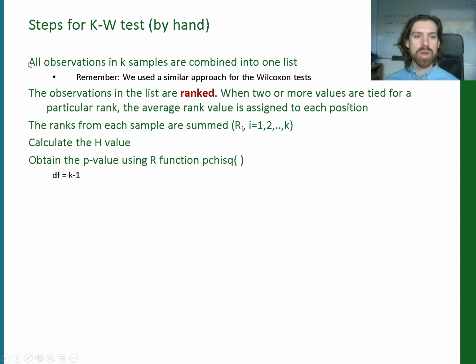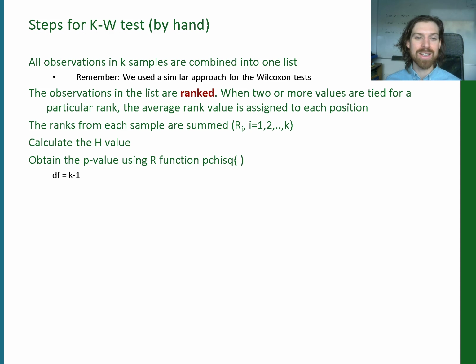You'll remember from the last class when we used the Wilcoxon tests, we went through a very similar method to this. So for the Kruskal-Wallis test, by hand, what you need to do is basically combine all of the observations which you've gathered from the K samples into a single list, right? You can remember that we used a very similar method in the previous week, so this is familiar to you.